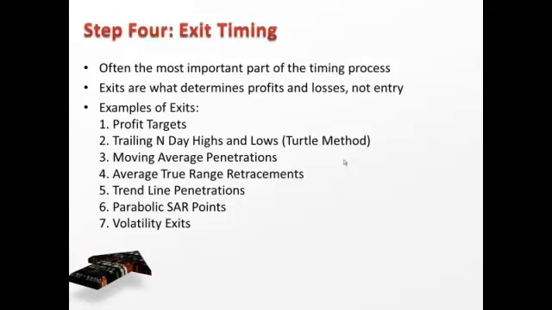Average true range retracements. This is often referred to as a chandelier exit. If you can envision a chandelier hanging from the ceiling, the logic is kind of the same. What you do is you take the ceiling in prices and you subtract from it a multiple of average true range. So let's assume the true range has been 10 points per day, and we talked about average true range a little earlier, and you want to get out at 2 multiples of that from the ceiling.